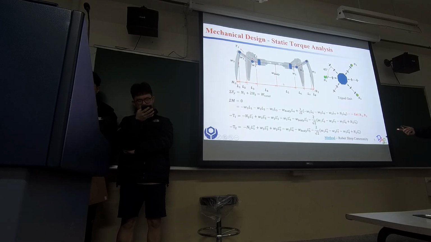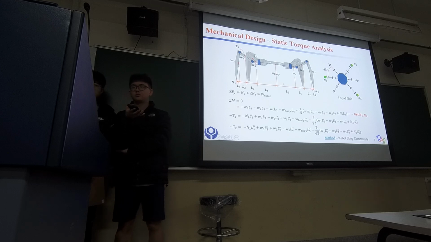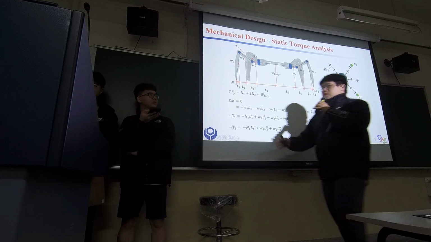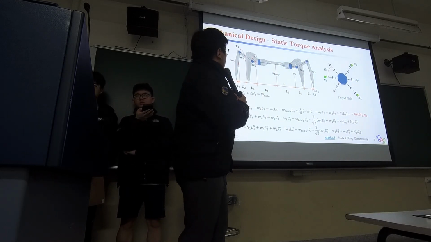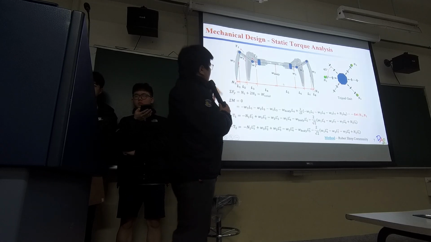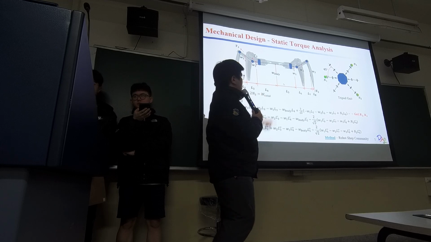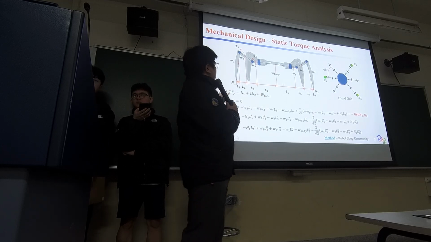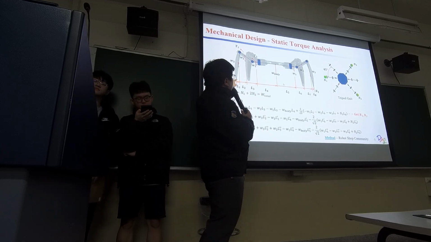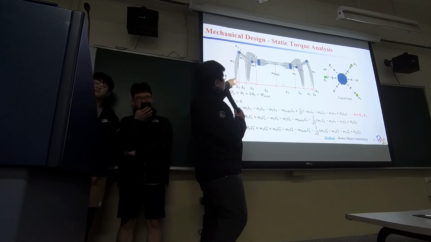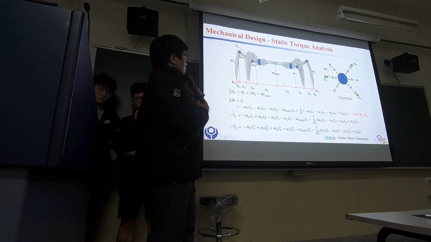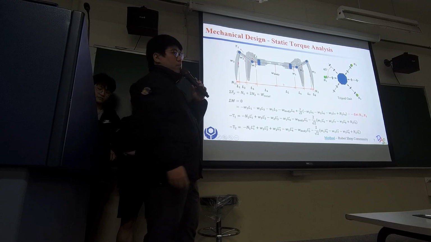And then this is how we analyze the joint torque by the static equilibrium. First, we do it in the statics. First we found the equations of M1, M2 and the whole weight, and then we use this point as the center of the moment.